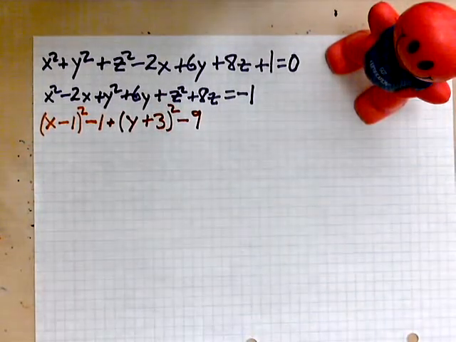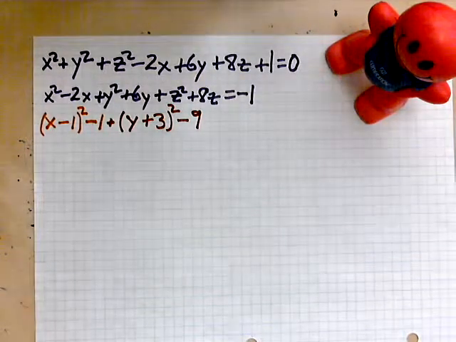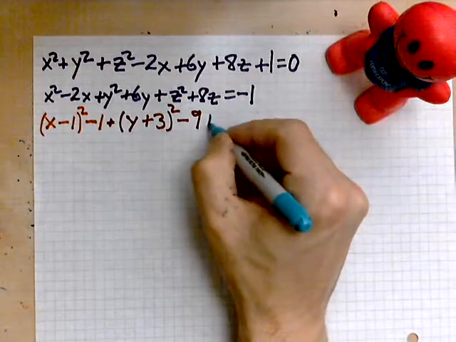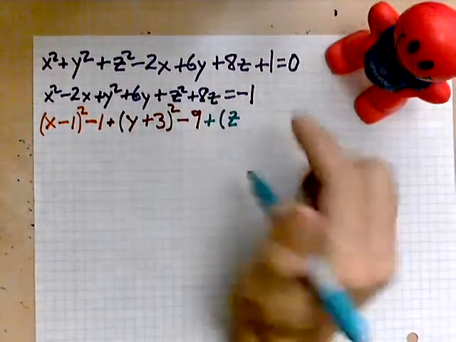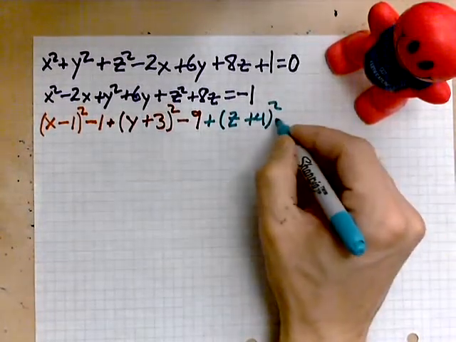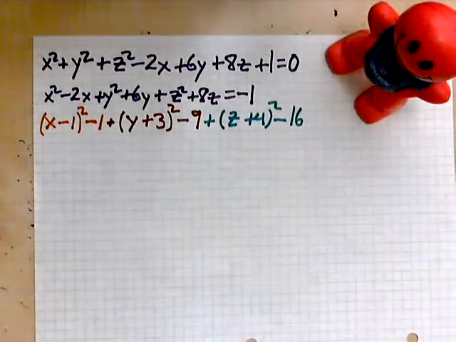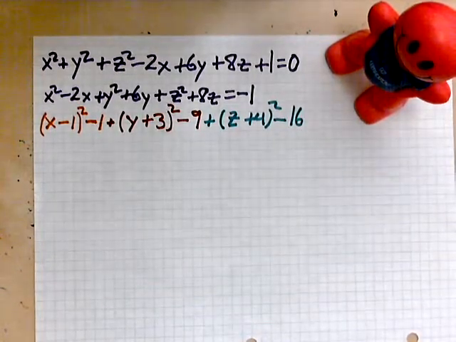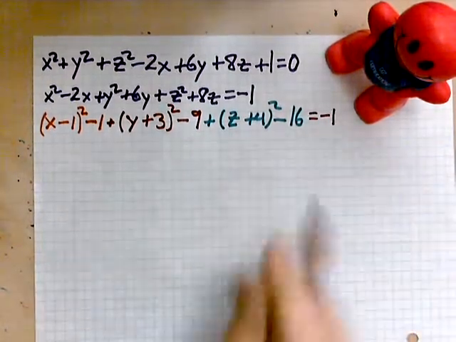And then the last step: plus, take your z, 1/2 of the 8, add it to the z, square that, and from this subtract 16. And all of this is still equal as before to negative 1. That hasn't changed.